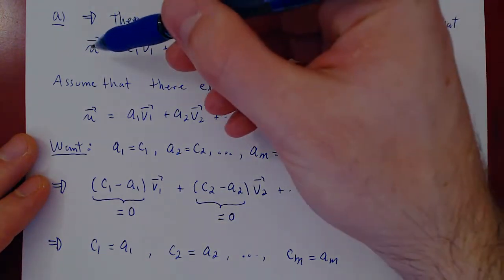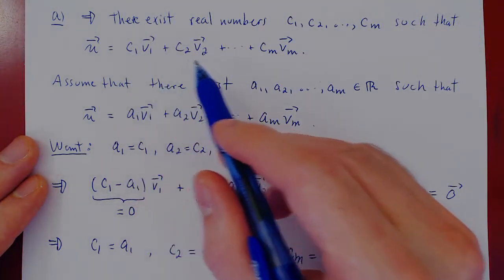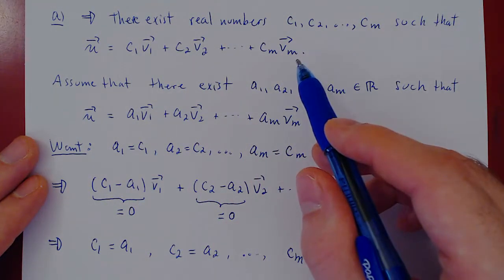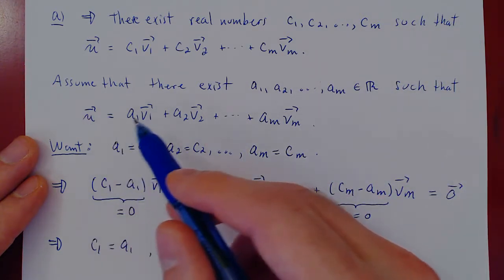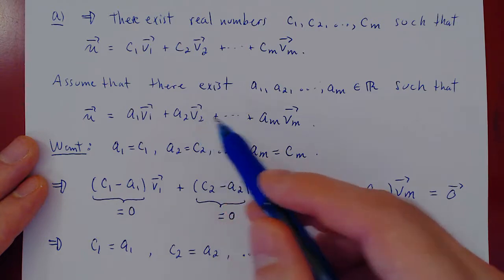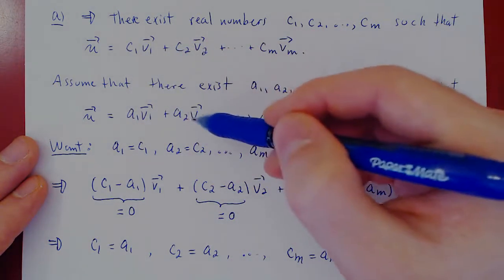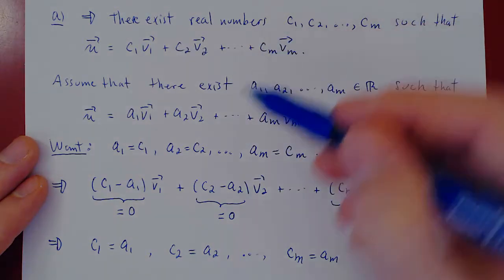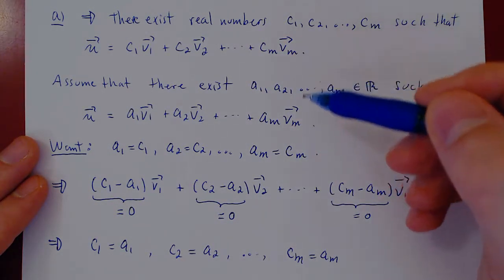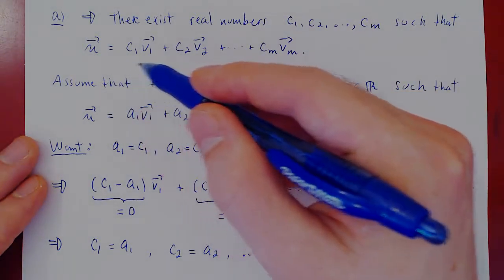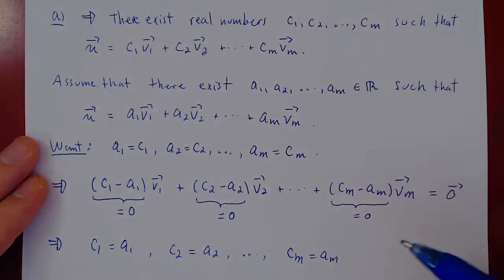Right? We've said if you were able to express U as a linear combination of the vectors v1 through vm, if I say find a combination of U using v1 up to vm, my coefficients must be the same as yours. So that proves that there is only one way to express U as a combination of the m basis vectors.